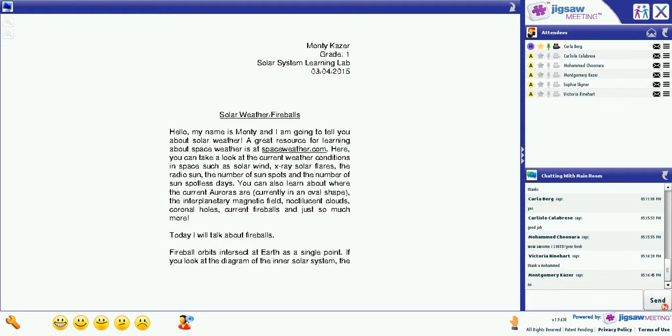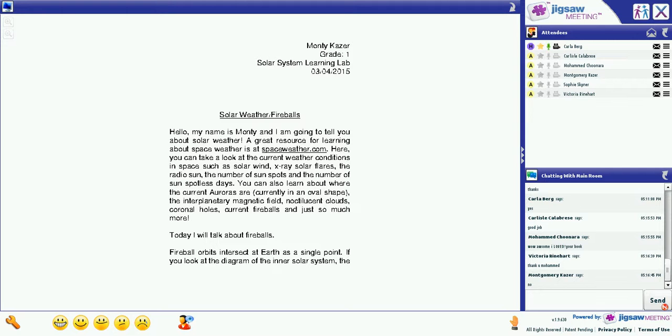Here, you can take a look at the current weather conditions in space, such as solar wind, X-ray solar flares, the radio sun, the number of sunspots, and the number of sunspotless days. You can also learn about where the current auroras are, currently in an oval shape, the interplanetary magnetic field, noctilucent clouds, coronal holes, current fireballs, and just so much more.